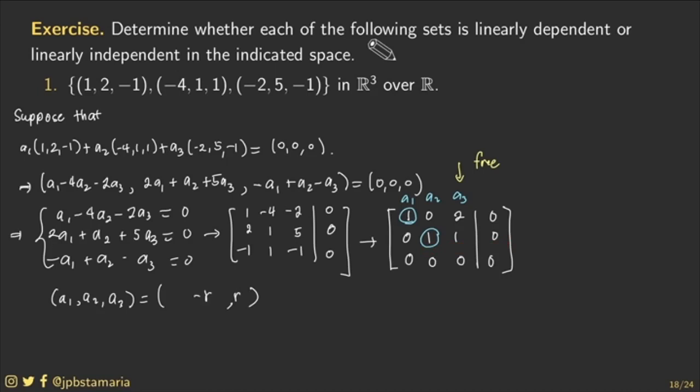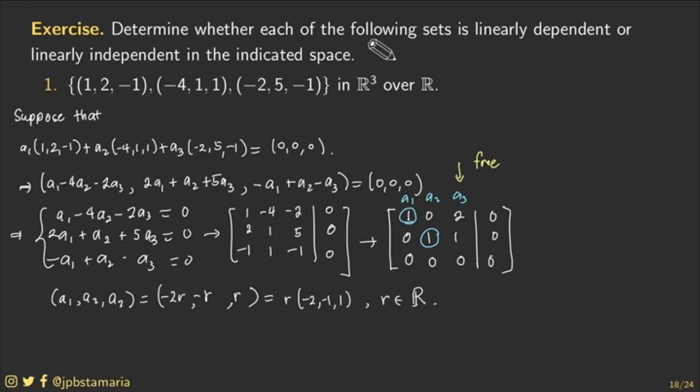But A3 is R. Therefore, A2 is minus R. If you now look at the first row, this translates to A1 plus 2A3 equals 0. If you're solving for A1, that means that's negative 2A3. Therefore, that's minus 2R. We only have one free variable. Therefore, this is the same as R times (minus 2, minus 1, 1), where R is an arbitrary real number.